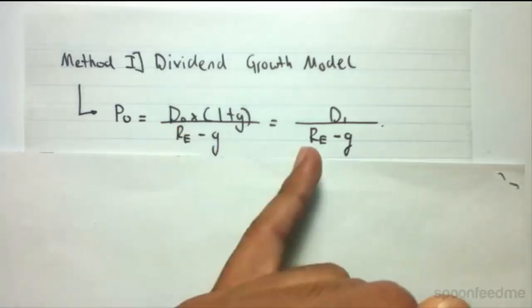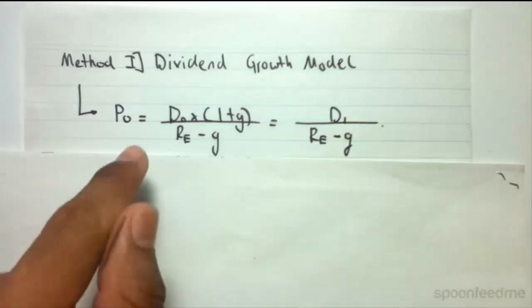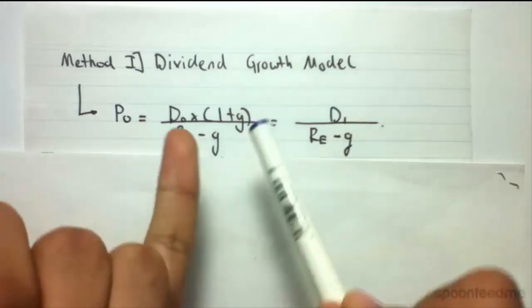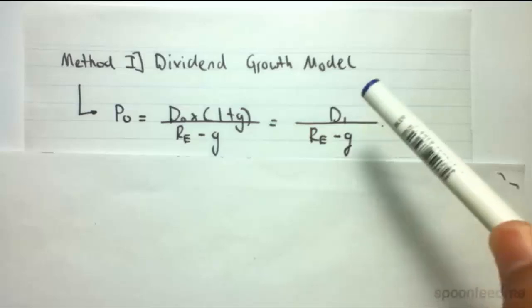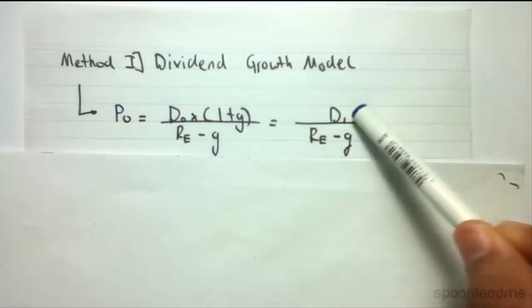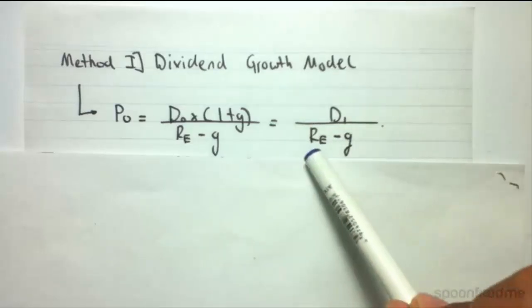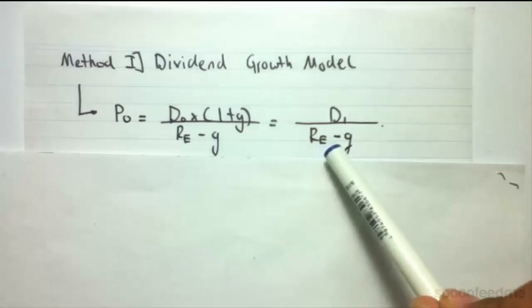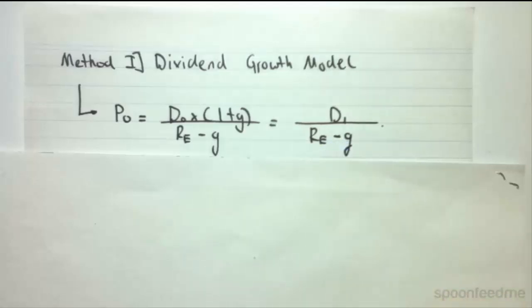The numerator is D1, because it's D0 times the growth rate, which gives us the dividend in the next period. D1 all over RE. Now what's this R subscript E? That's the return on equity, and furthermore our cost of capital, minus the growth rate.